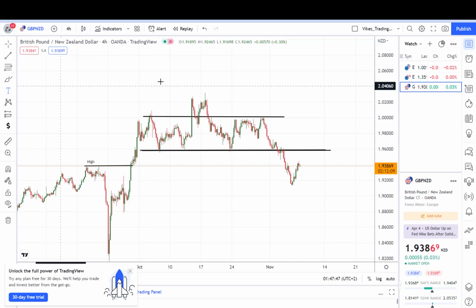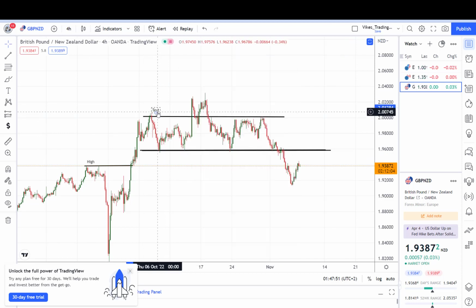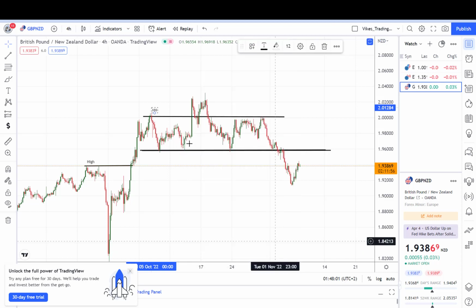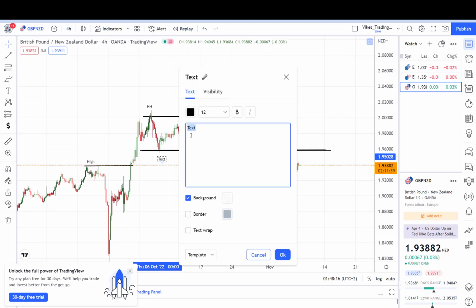So this becomes our higher high. Then we form a low which is higher than this low. Okay, so this becomes our higher low.